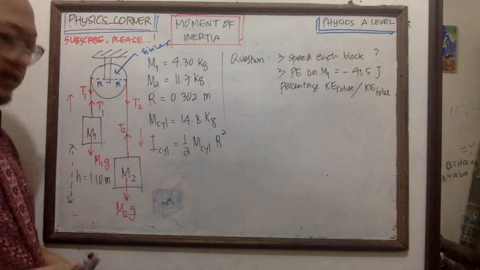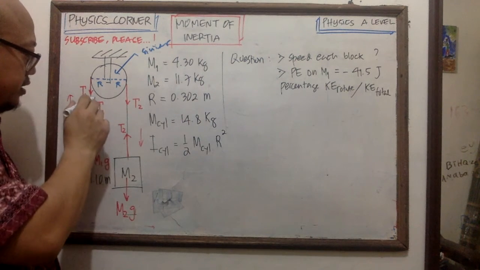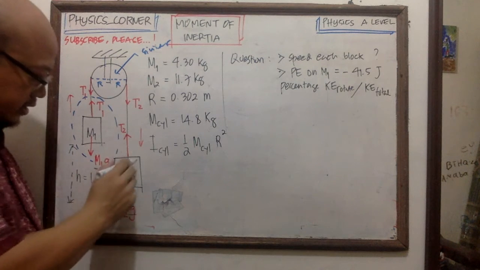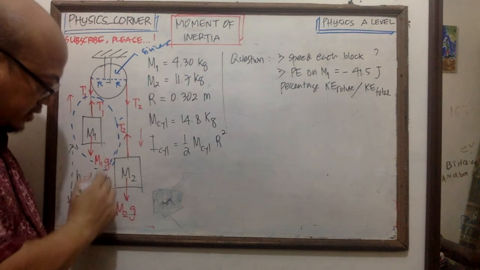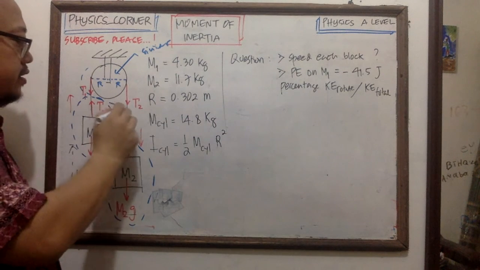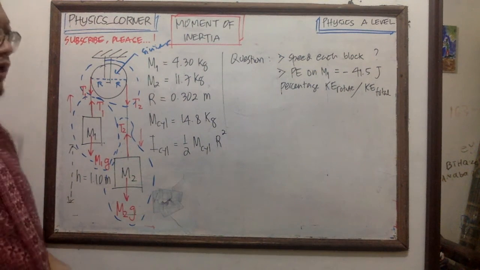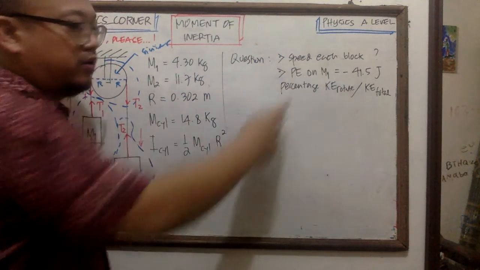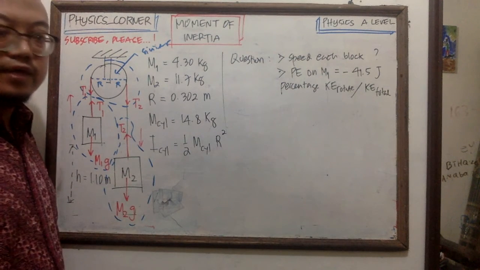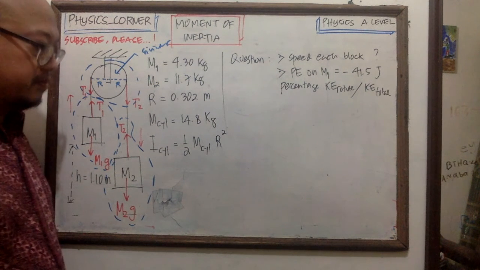Yes, we can separate this system into three systems: here is the system of m1, here is the system of m2, and here is the system of the cylinder. We can find the speed of each block when we get the value of the acceleration. This is like linear motion here.